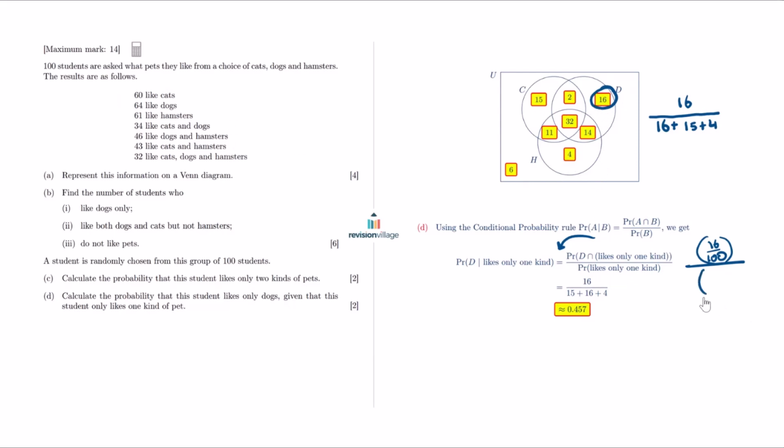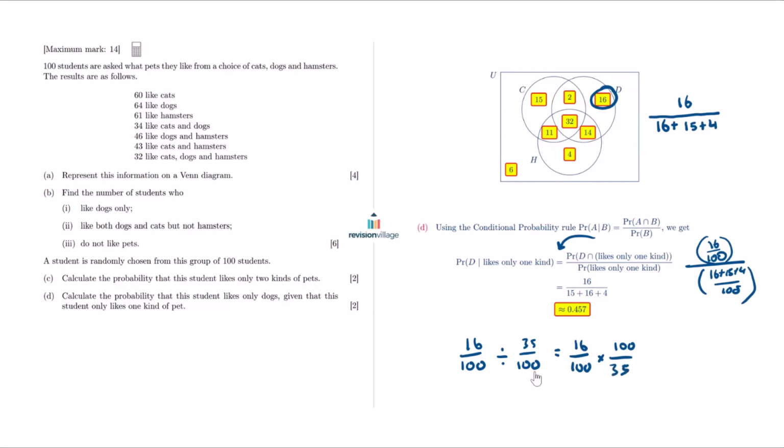So this here is going to be 16 over 100 divided by 35 over 100. Now I have a fraction on a fraction where the denominator is the same, so you can cancel the two denominators out. The reason for that is, if I write 16 on 100, and 16 plus 15 plus 4 is 35 on 100, you may know that if you have a fraction divided by a fraction, you can rewrite it as a multiplication and flip the second fraction.